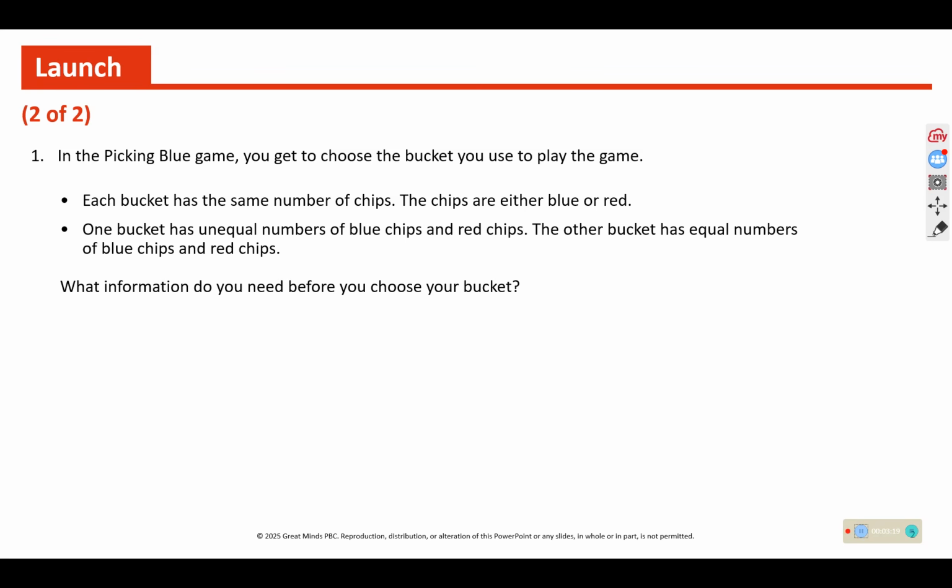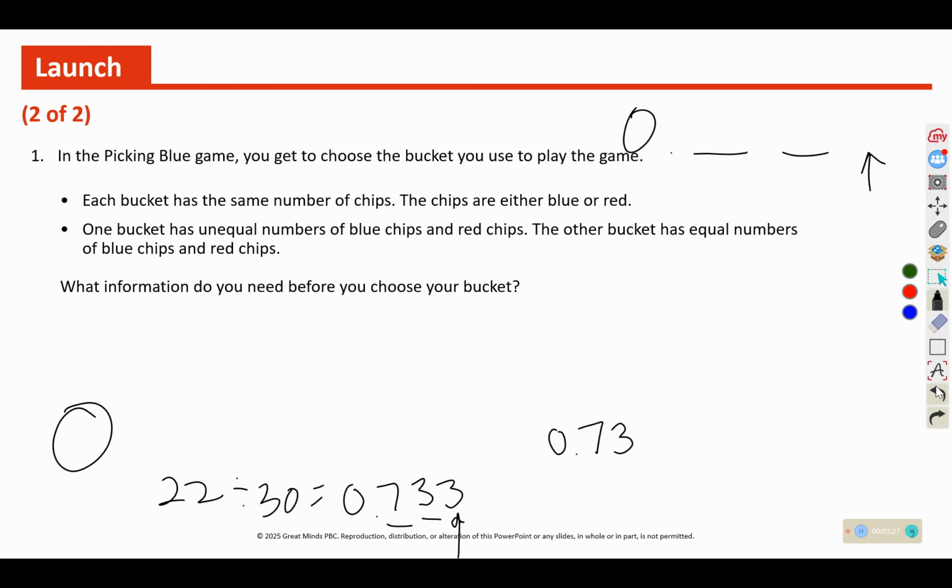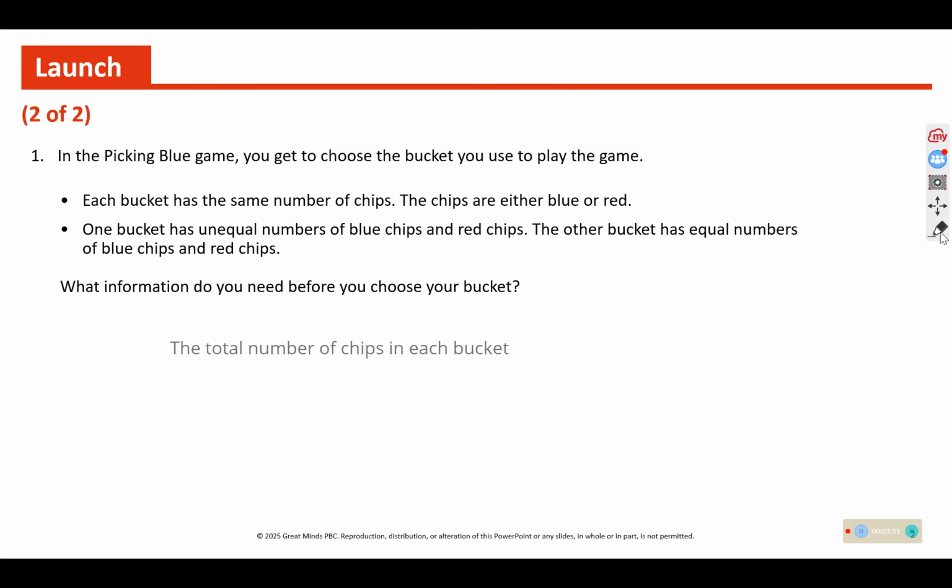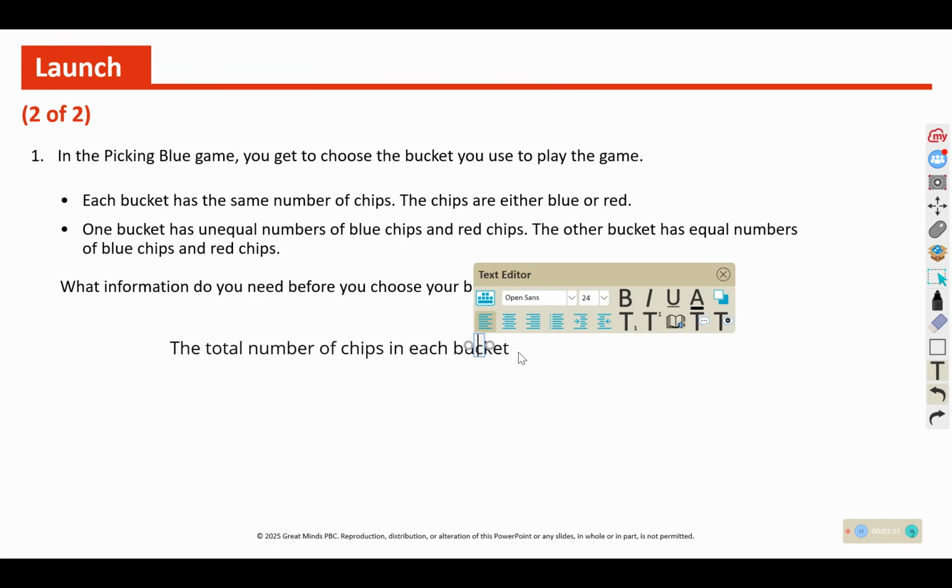What information do you need before you choose your bucket? You may want to know how many total chips there are. You may also want to know how many blue chips are in each bucket.